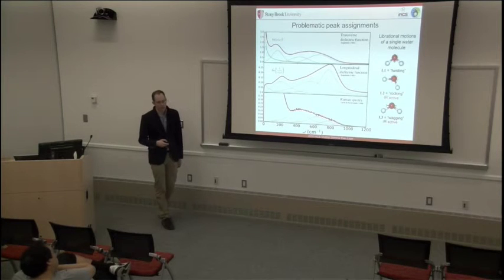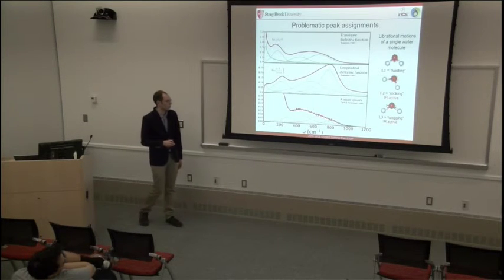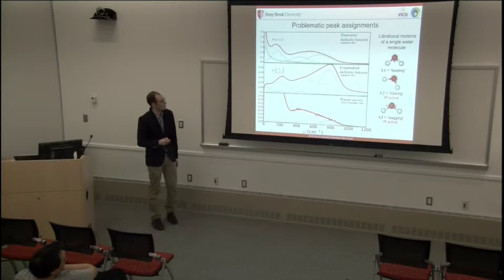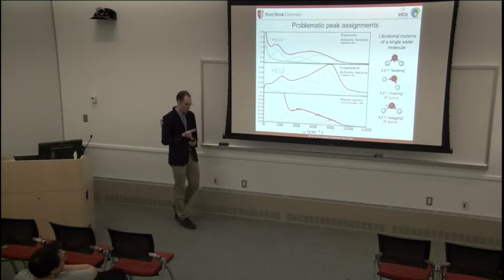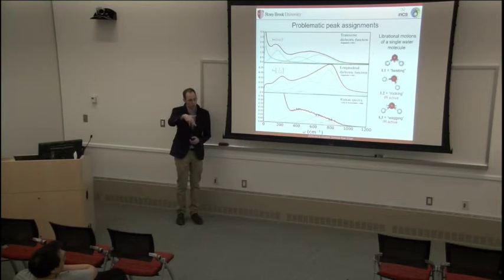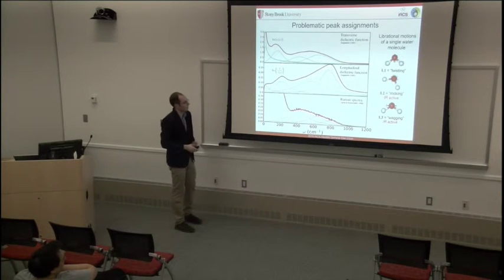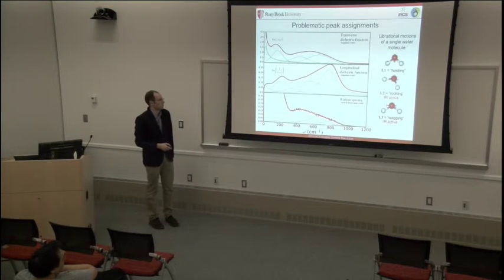But there's a problem with this assignment, which is that the twisting motion, which is the lowest frequency motion, should not show up in the transverse dielectric function because it doesn't change the dipole moment. It's just a rotation around the dipole moment axis.